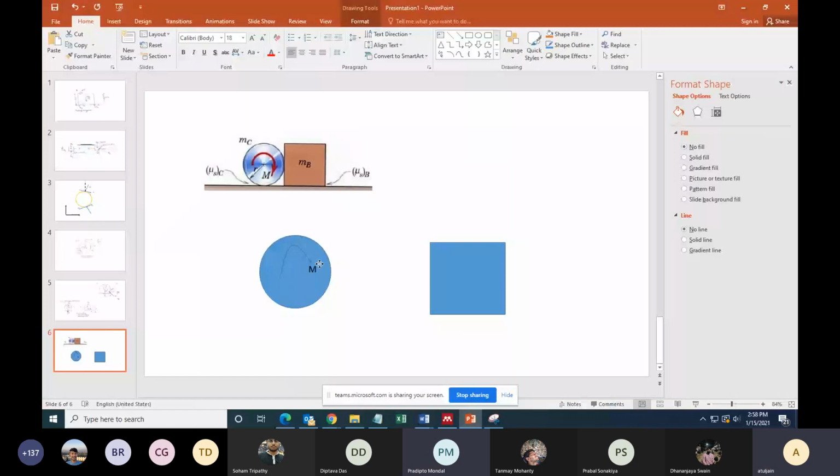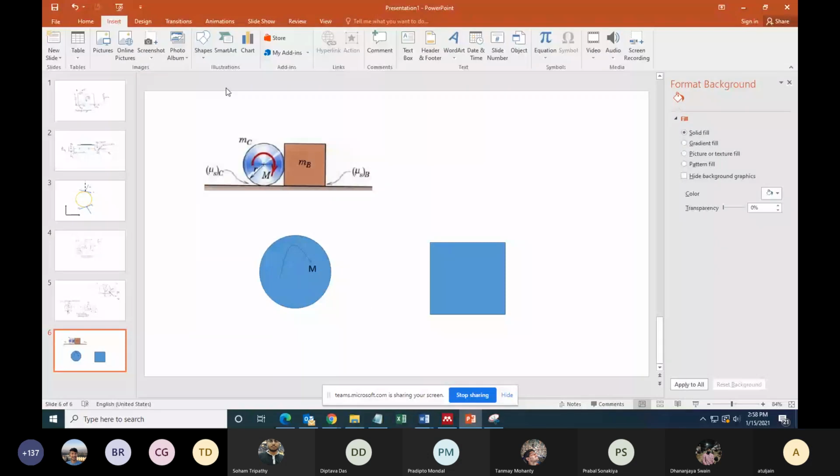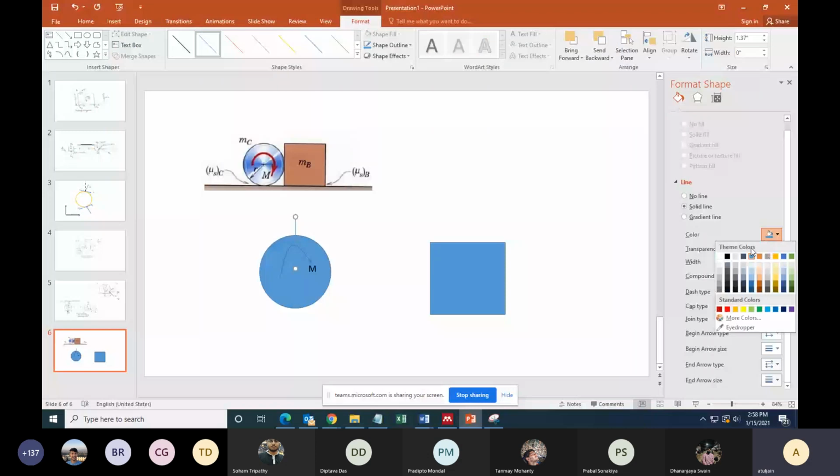There is M, and what else? There is mg. What else is there?